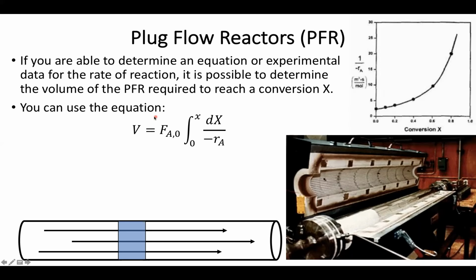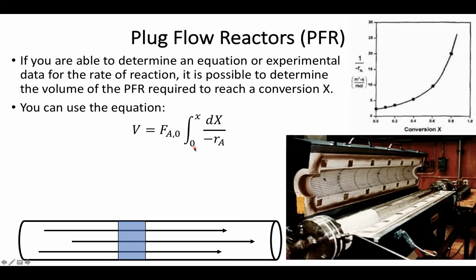But we can actually generate an equation for the volume of the reactor as a function of the flow rate of the initial input of A into the system. So again, FA is going to be the flow rate of reactant A into the system.